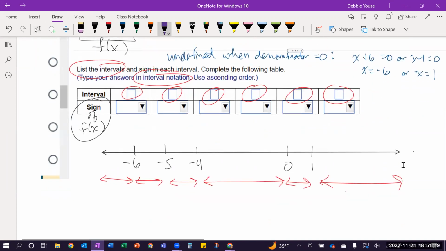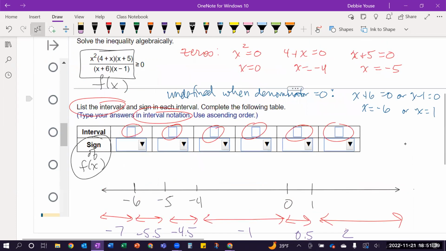So let's say I pick -7. Then let's say I pick -5.5, -4.5. Let's say I pick -1. Let's say I pick 0.5, and let's say I pick 2. All I did was pick a value along the x-axis that's in that interval. And we're going to evaluate f of x.